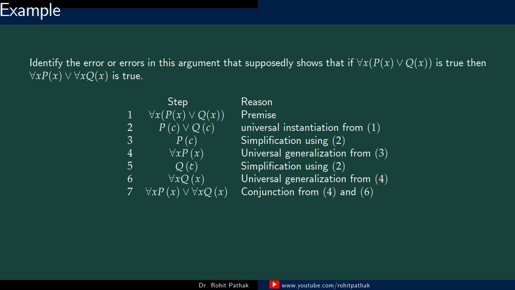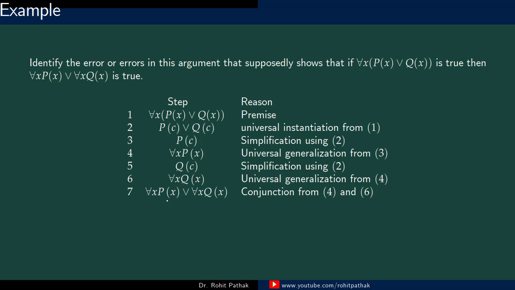Then for all x Qc, simplification using 2. Again this is wrong because simplification is applicable to conjunction only. Then universal generalization from 4. This is true because c is an arbitrary element.